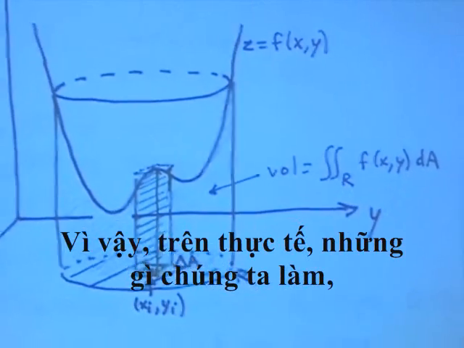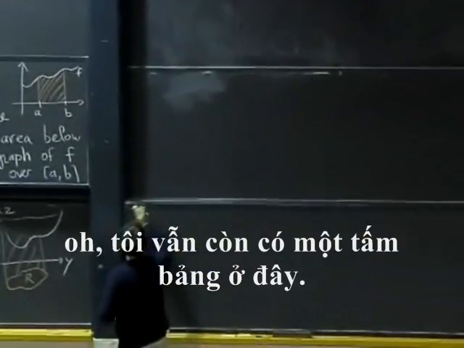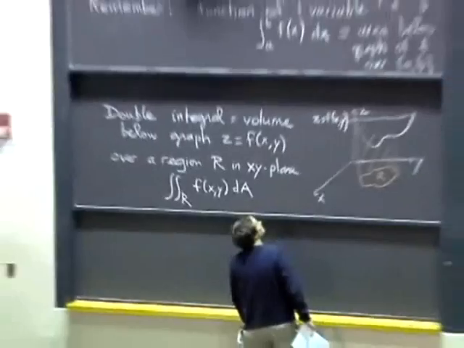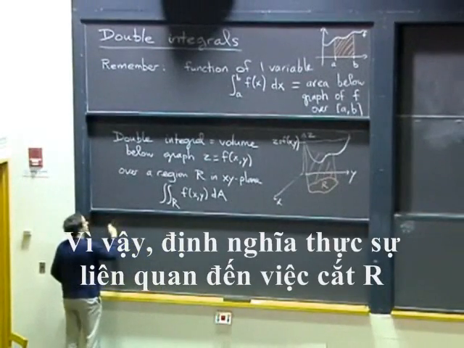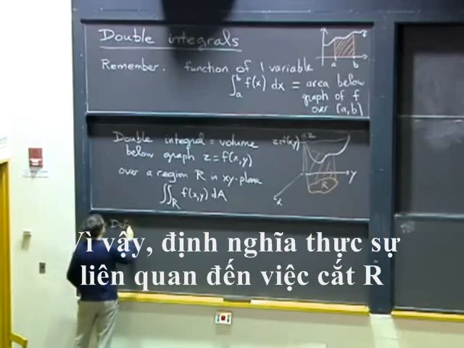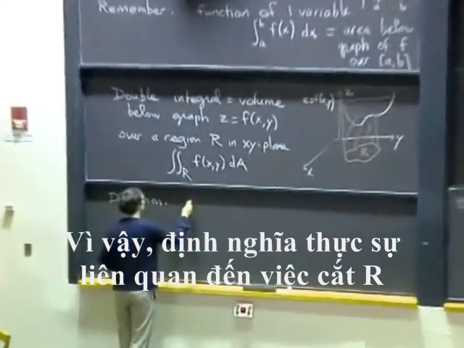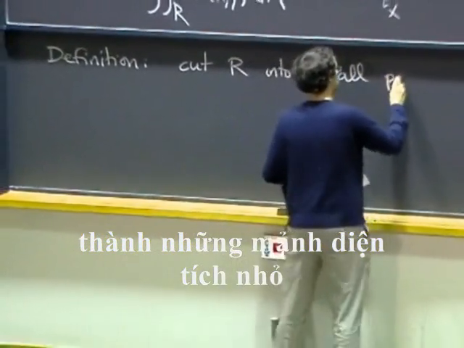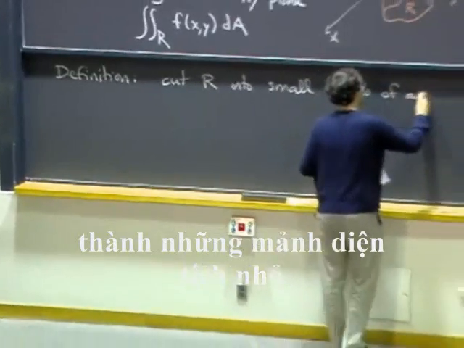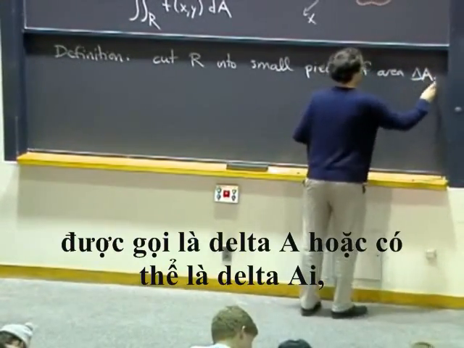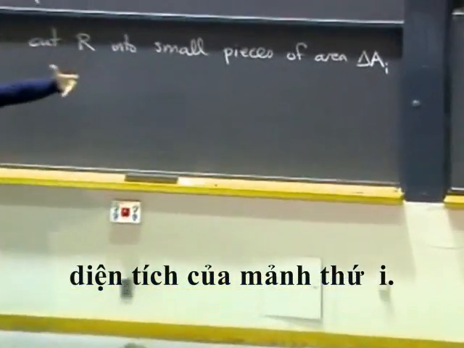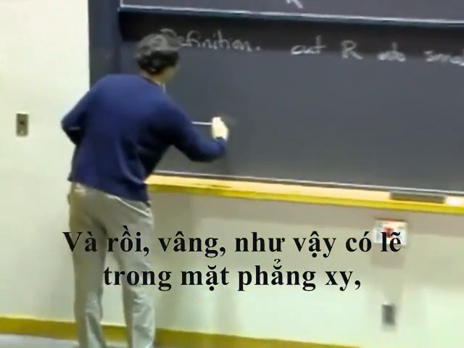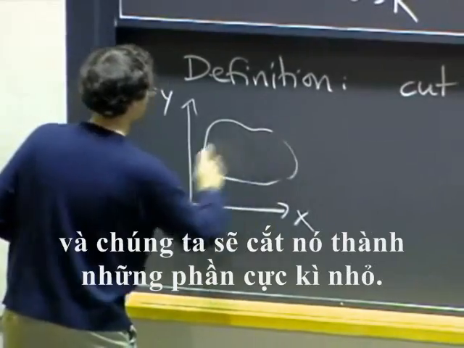So the actual definition involves cutting R into small pieces of area, let's call it delta A, or maybe delta A_i, the area of the ith piece. Maybe in the xy plane we have our region, and we'll cut it using some grid.